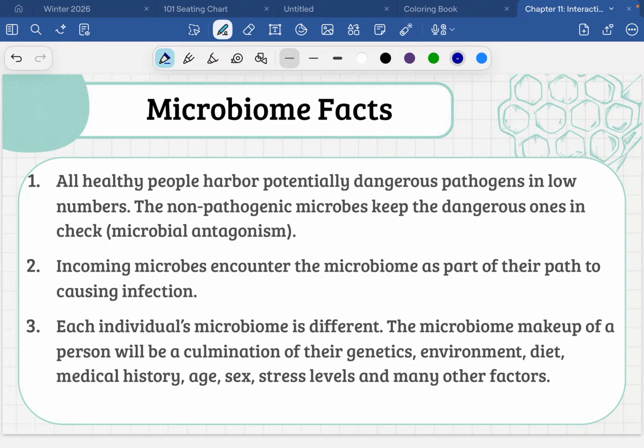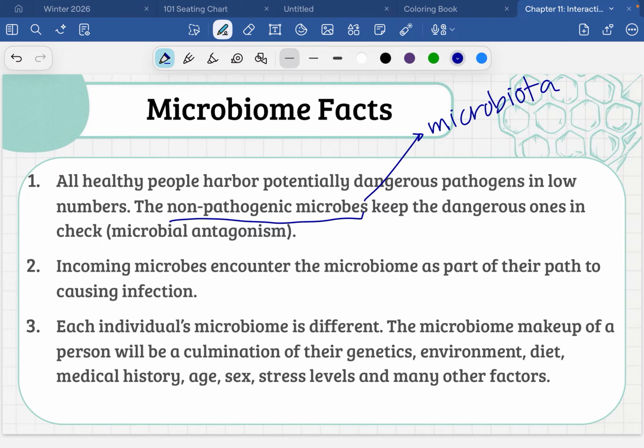But a big part of your human microbiome is that the non-pathogenic microbes in your microbiota keep the dangerous ones in check. So you have more healthy or good bacteria growing on your body than you do bad bacteria. And I mean, categorizing things as good and bad is a little simplistic, but we will for this class, in that mostly your body is made up of good bacteria.